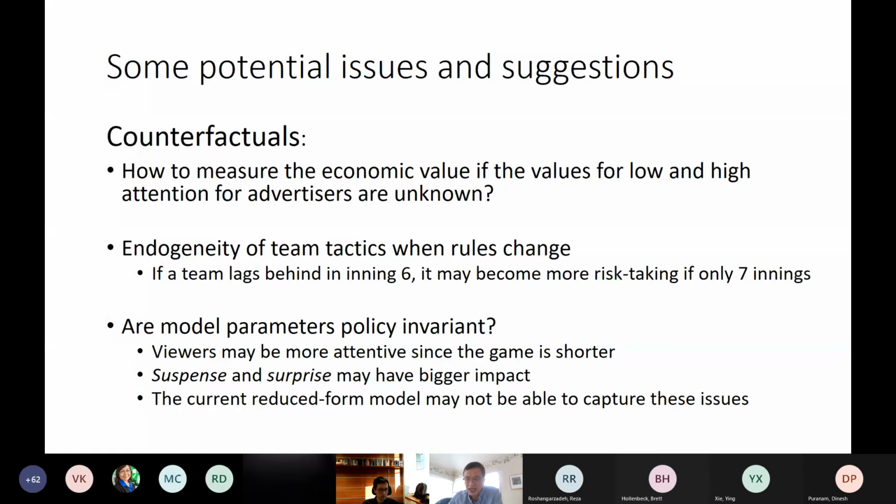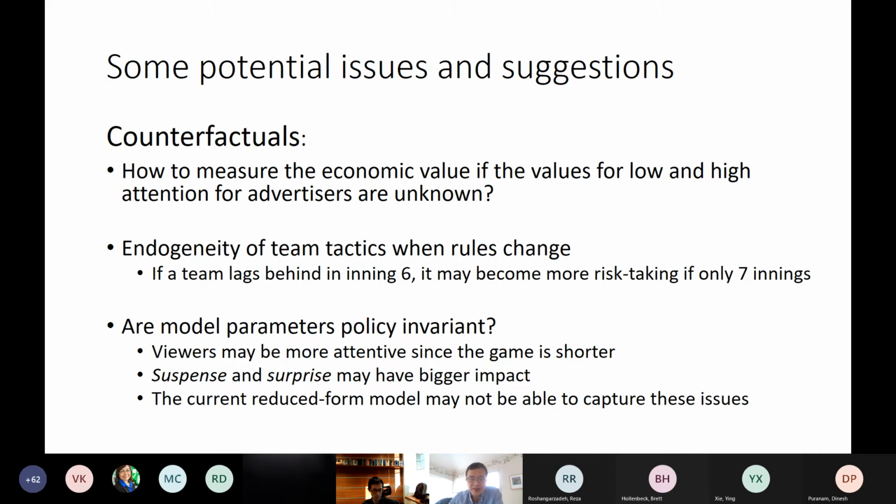Okay, and the last thing I want you to think about is this question: are your model parameters really policy invariant? When you change the policy in counterfactuals, for example, you make the game shorter, viewers may become more attentive.